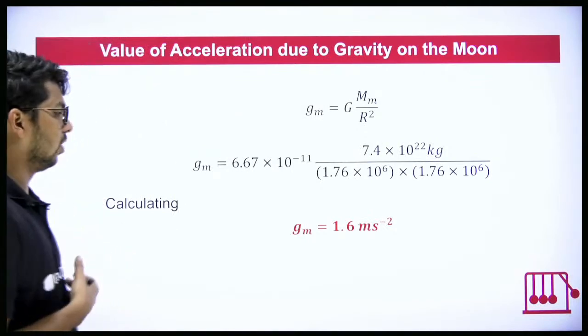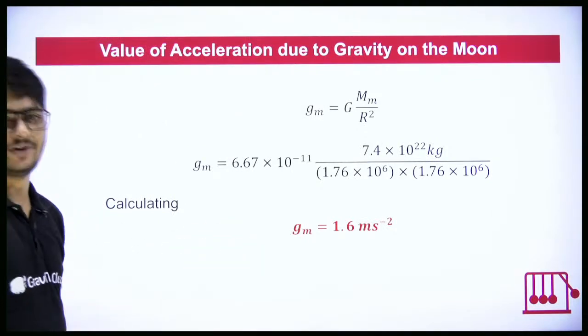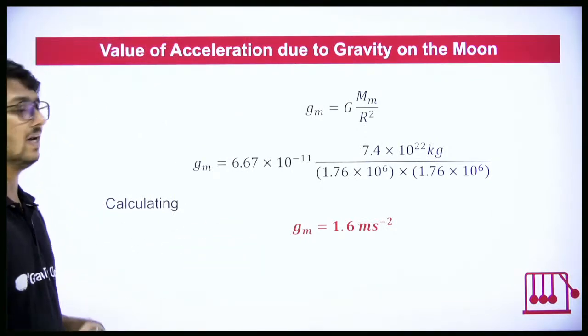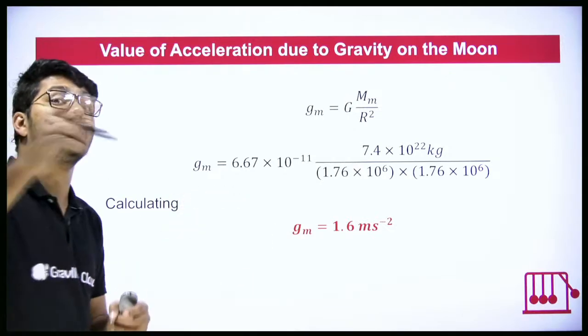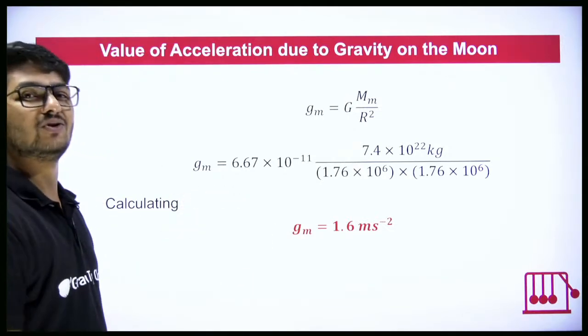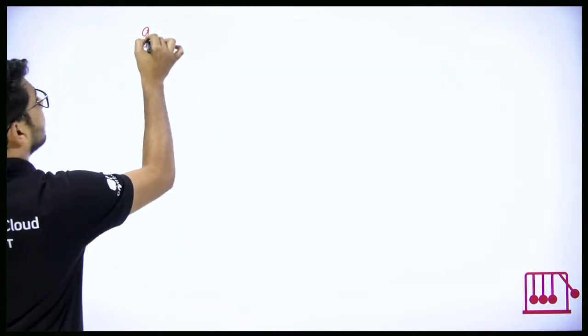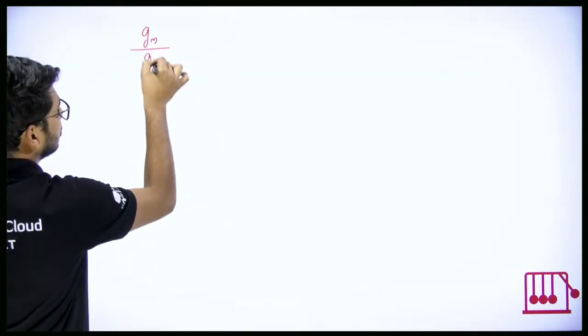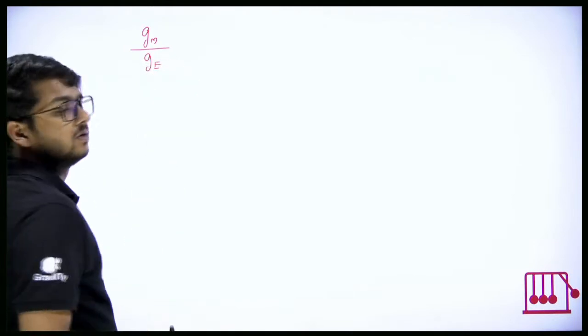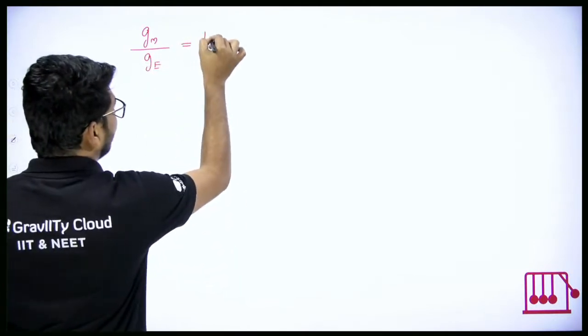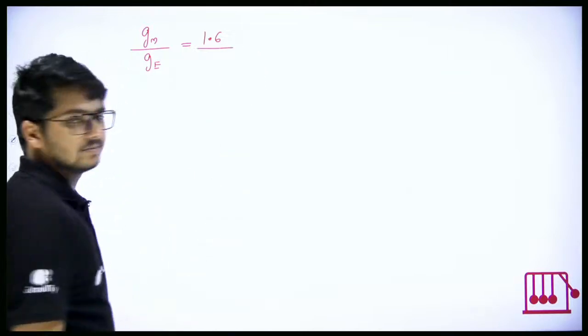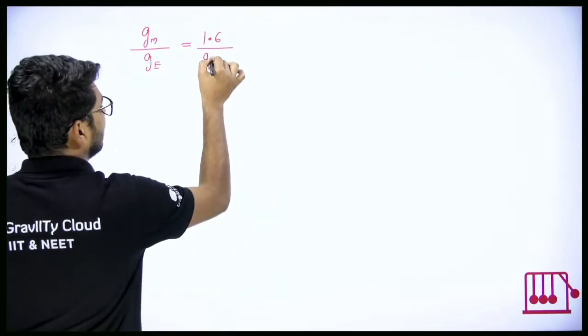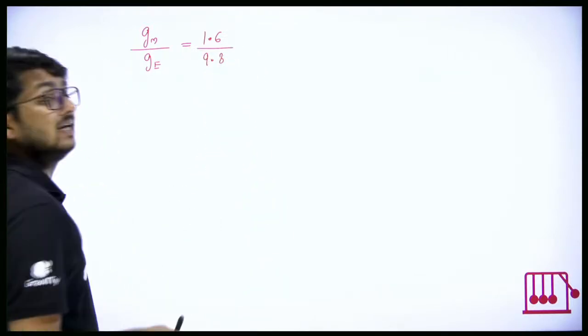Now, we got the value of acceleration due to gravity on moon. We'll compare this value with the value of acceleration due to gravity on Earth. If I just take the ratio, acceleration due to gravity on moon is 1.6, and on Earth is 9.8.